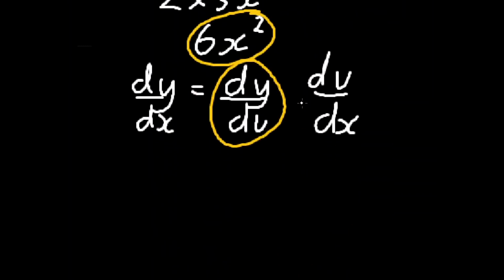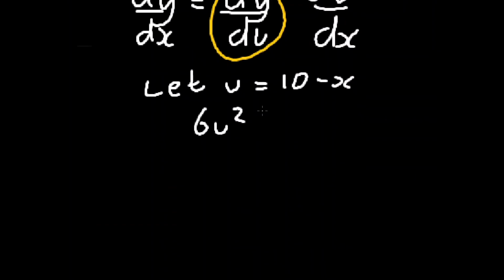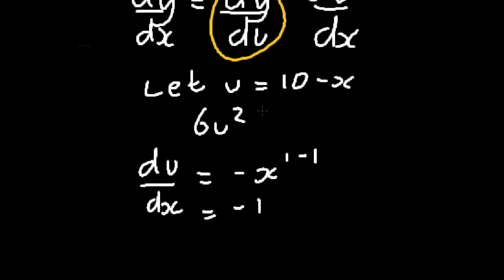Essentially what they're saying is you can substitute, so say let u is equal to 10 minus x, and then when you differentiate dy/du, you get that 6u to the power of 2, and then if you differentiate du/dx, then you get minus x to the 1 minus 1, which is just equal to minus 1.